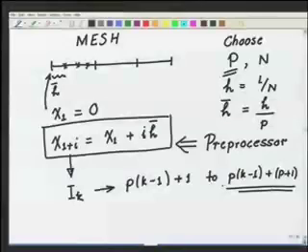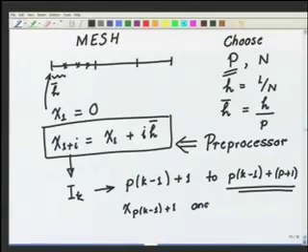However, we know that the first and the p plus 1 nodes are the extremities of the element. Why do you need the extremities? That is, you need x at p(k-1) plus 1 and x at p(k-1) plus p plus 1.